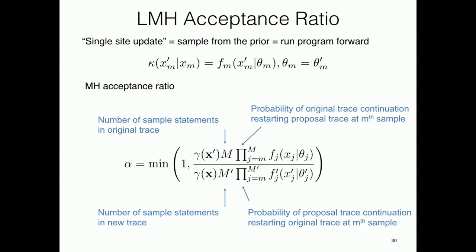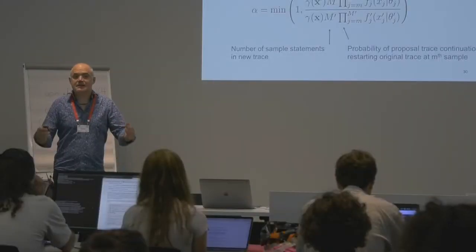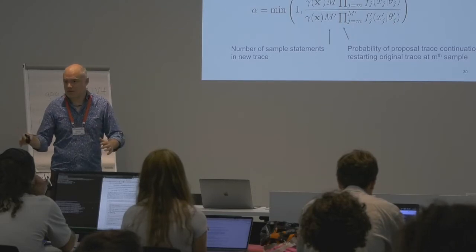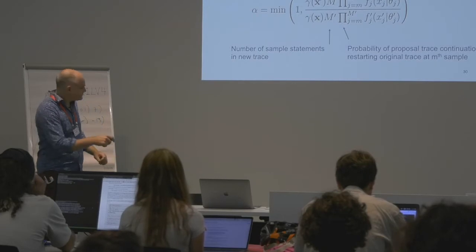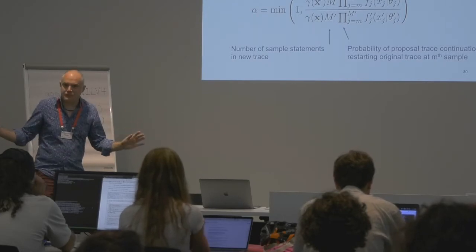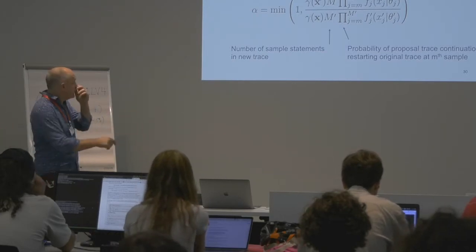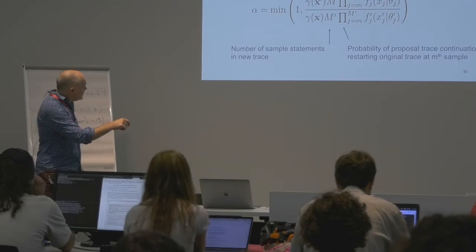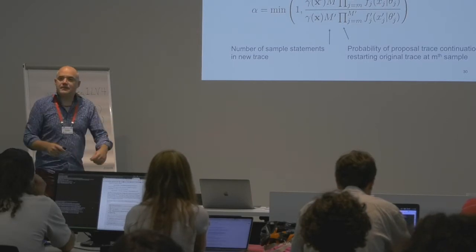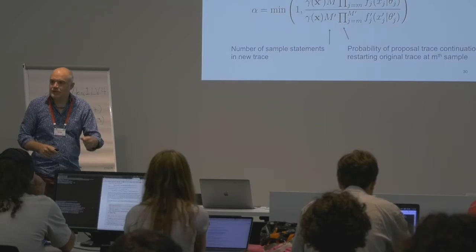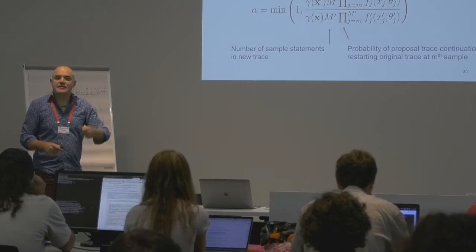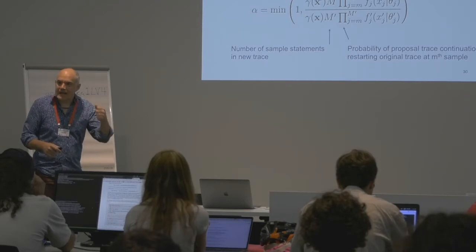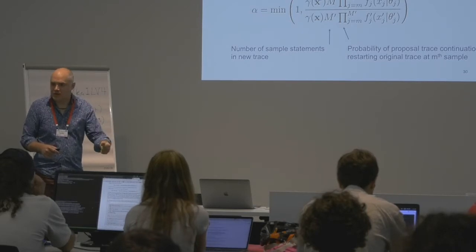So far, the only side effect we've ever tracked is the log probability of an observation. If you look at this and you understand at all what I'm talking about, which is likely not the case given how fast we're going, then you will see that you actually have to compute an additional side effect, which is the log probability of every sample statement. You also need to keep track of every sample ever made at any sampling point during the execution of the program.